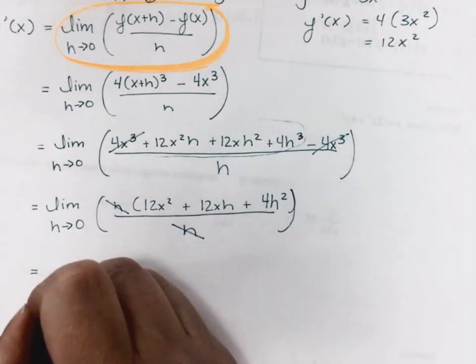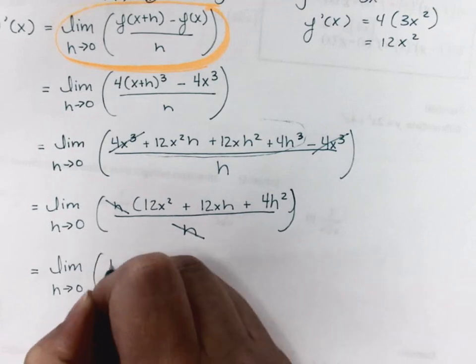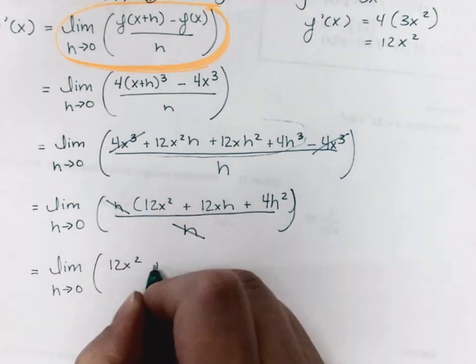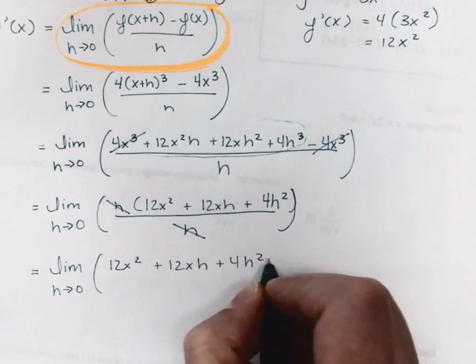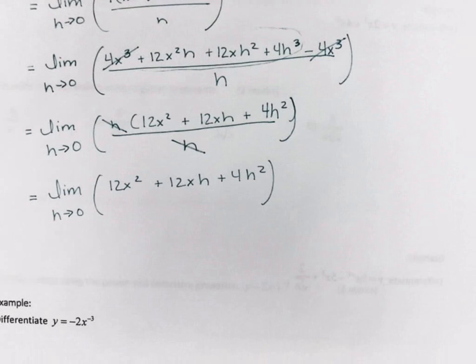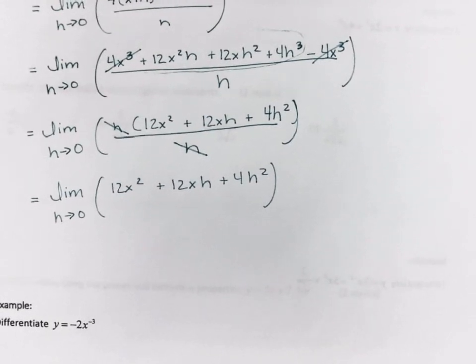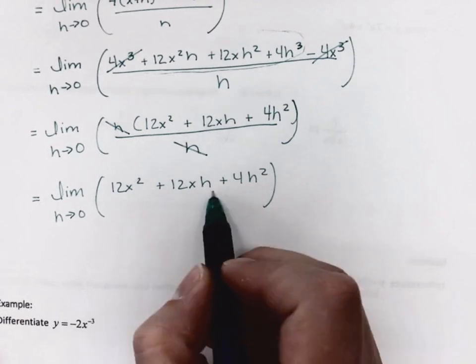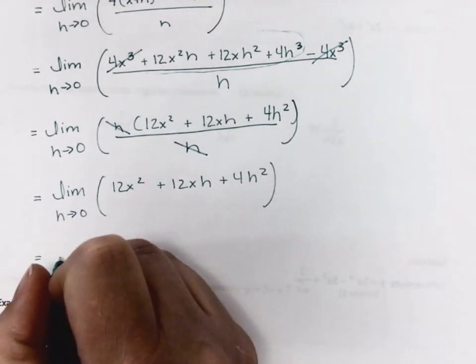And now we are left with 12x squared plus 12xh plus 4h squared. I don't have a denominator anymore. If I do direct substitution into here for h's, this one's going to go away, and this one's going to go away. 12x squared.